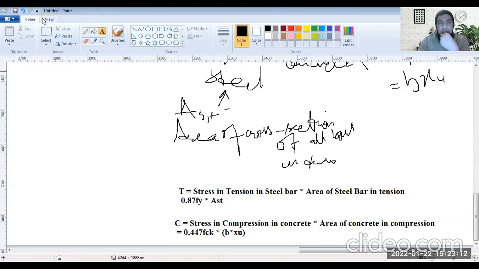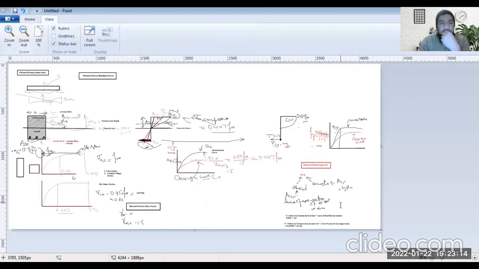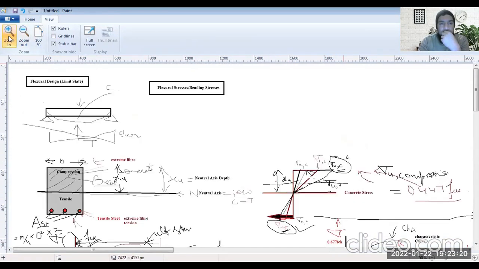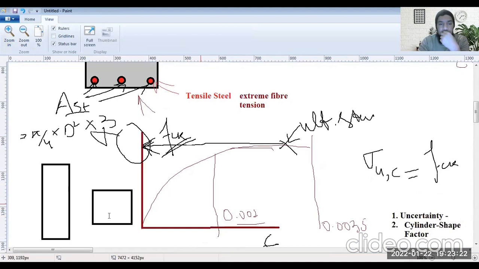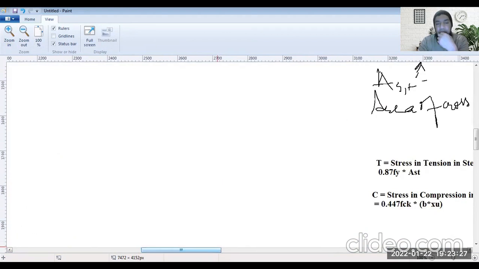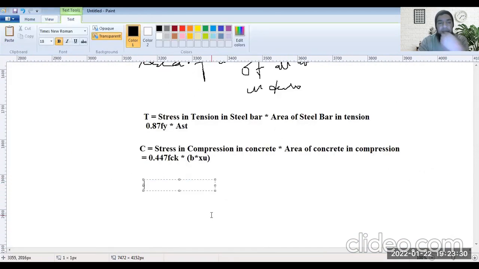Now for a balanced design, T would be equal to C, that is 0.87 Fy into AST would be equal to 0.447 FCK into B into XU.